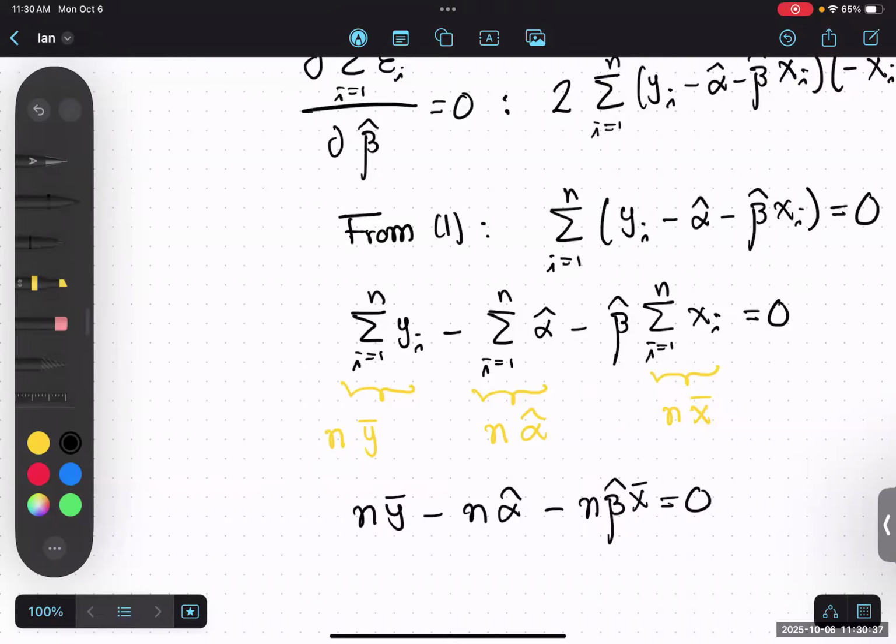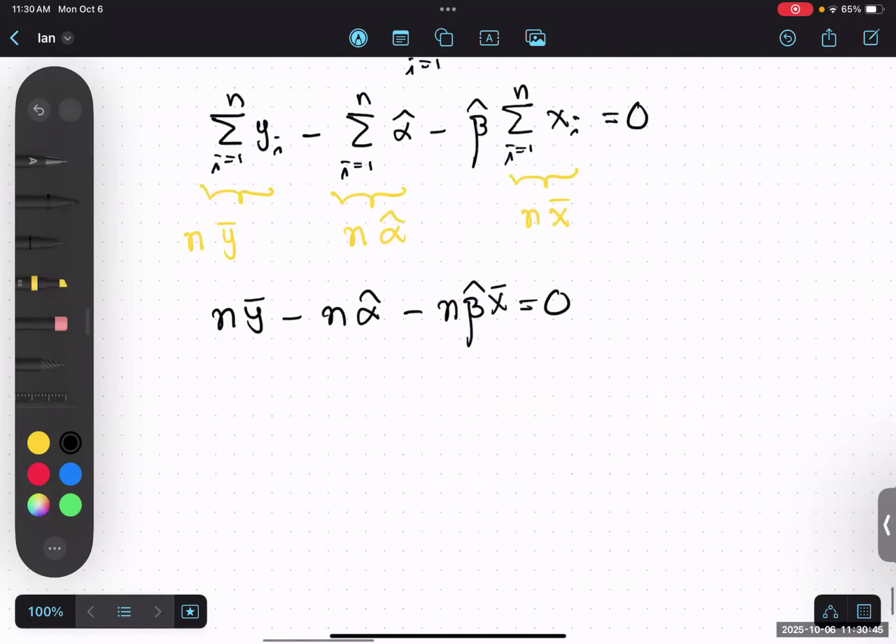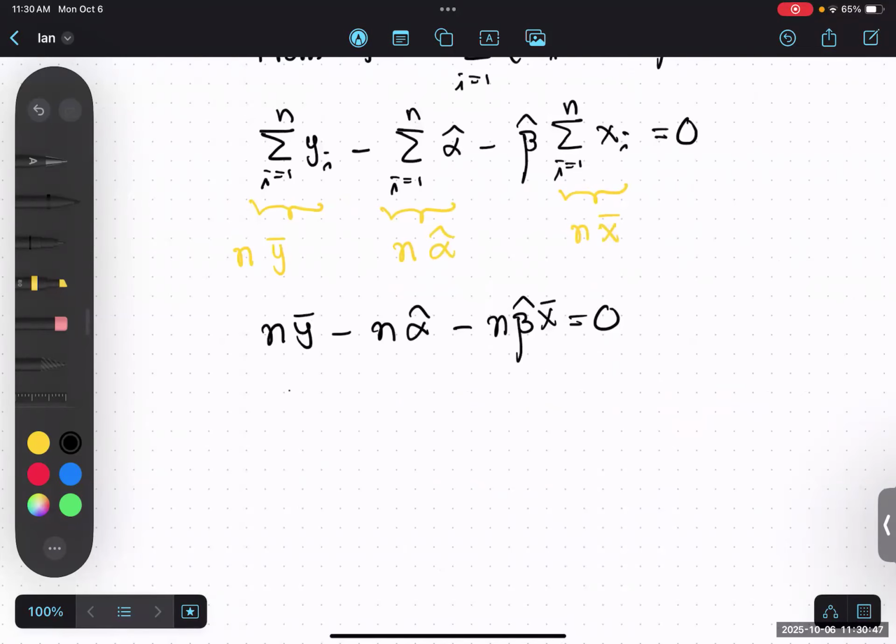So from here, the easiest thing to do is to first divide both sides of the equality by n, and then I'm going to rearrange, okay? So just for didactic purposes, let me do everything step by step. And now what I'm going to do is to add alpha hat on both sides of the equality.